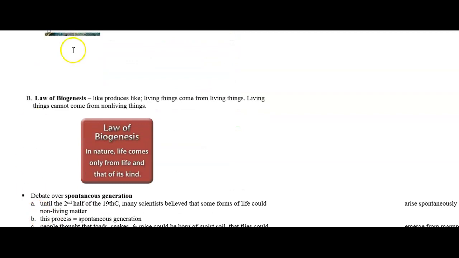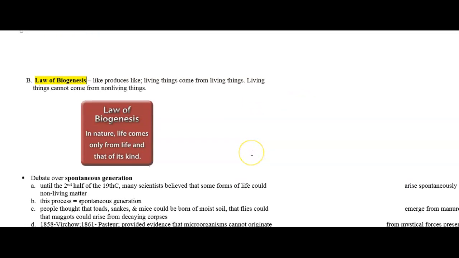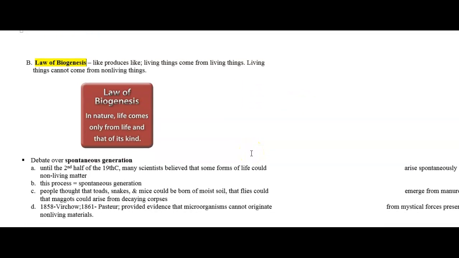Law of biogenesis. Okay, know this one as well. Like produces like. Living things come from living things. Living things cannot come from non-living things. So again, like produces like. So if you are planting a garden this year and you get a pack that says tomatoes on it, you're not going to wonder what it's going to be.